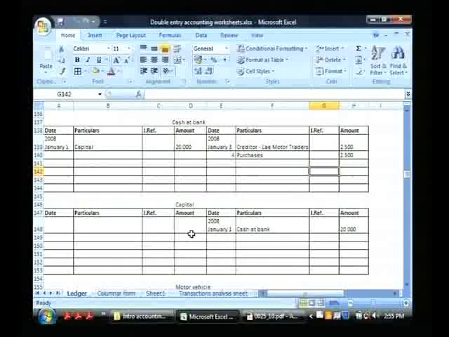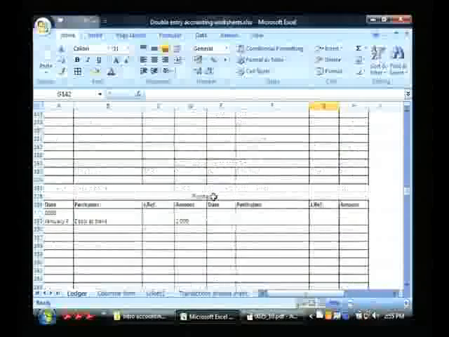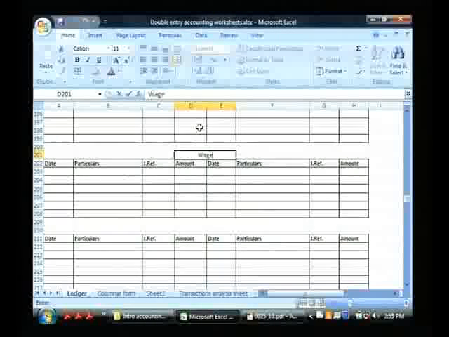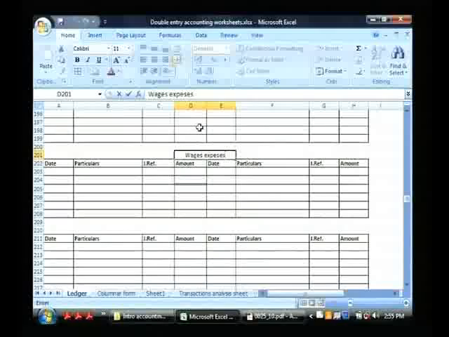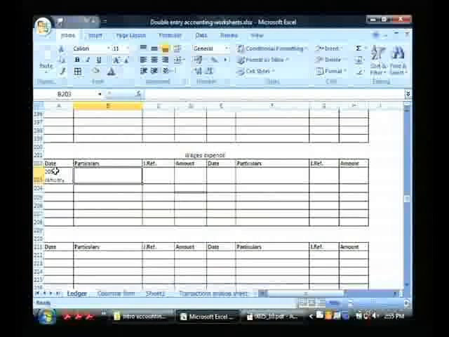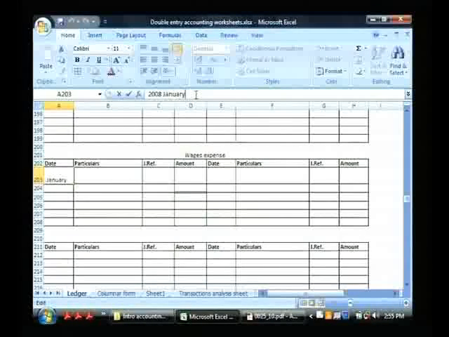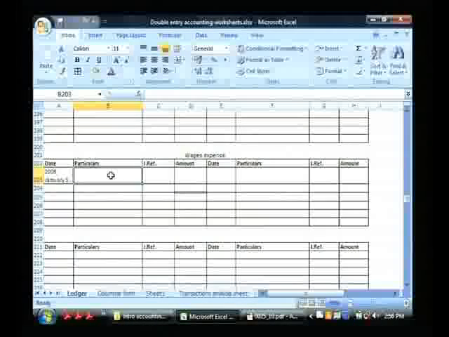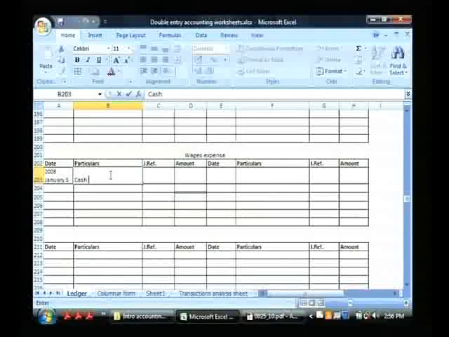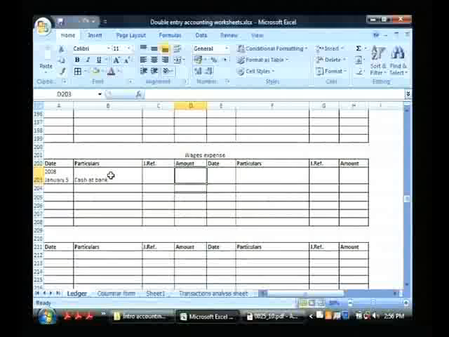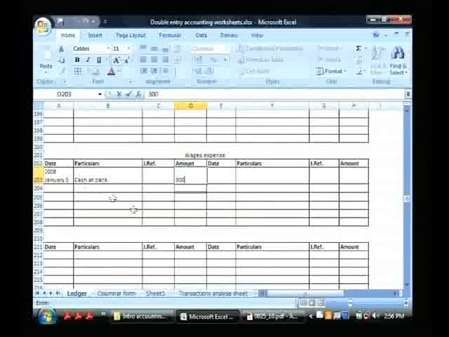Next, paid wages. Now we need a wages account. Wages expense. Wages expense debit, 2008, January 5th, cash at bank, amount 300 kina.